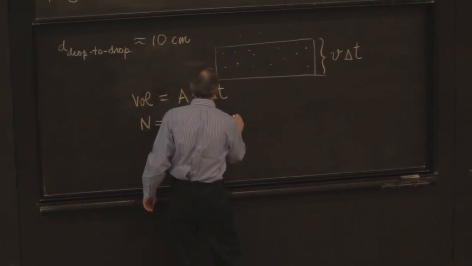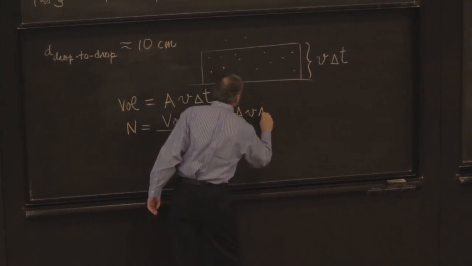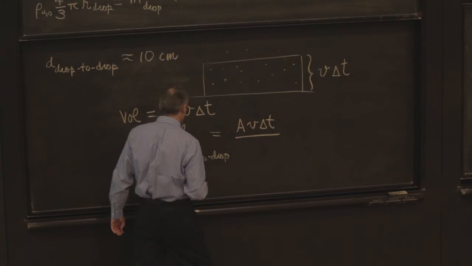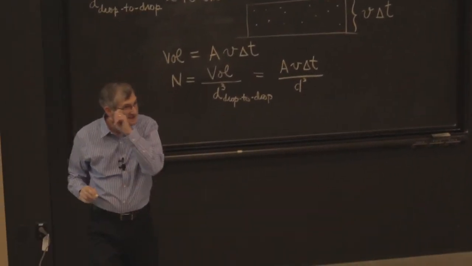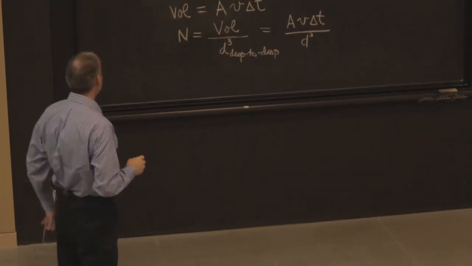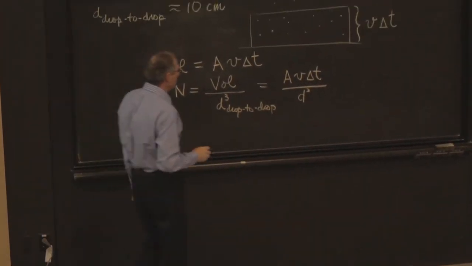So that's A v delta t over d cubed. I'm going to stop writing all that horrid subscript, but it's the same thing. Okay? So that's the number.